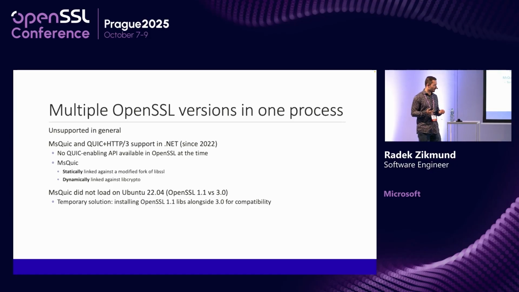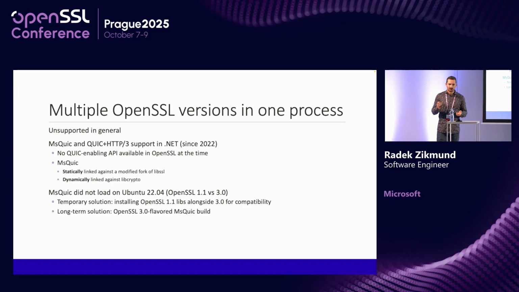So users were filing bug reports, saying, hey, I want to use this on this new Ubuntu. What can I do? And one of the solutions was installing some compatibility package which gave you OpenSSL 1.1 libraries alongside OpenSSL 3.0. And when that happened, the application process would be loading OpenSSL 3.0, libssl and libcrypto, to use for TLS and all the other operations.